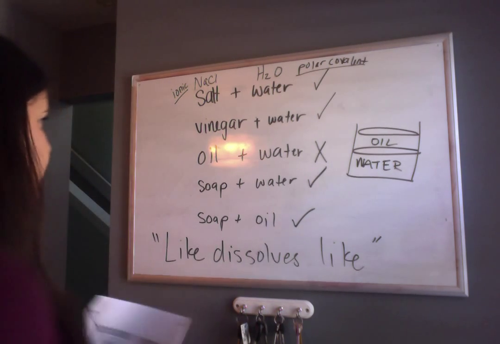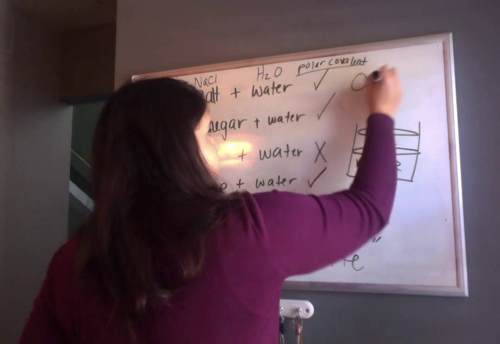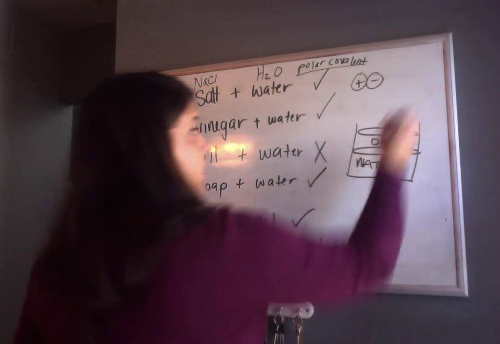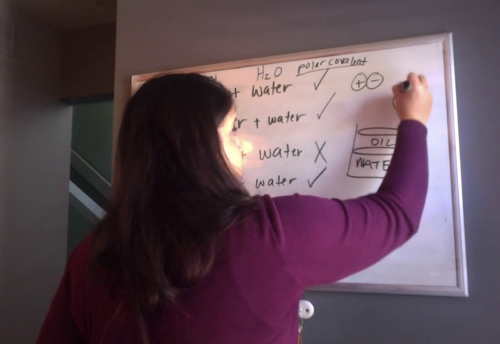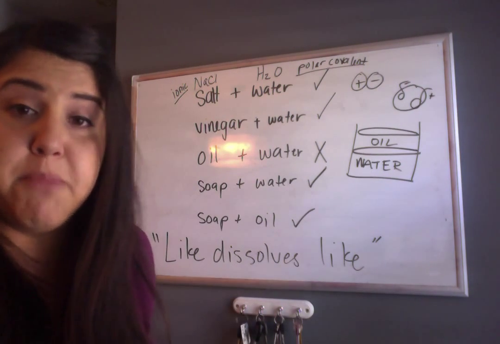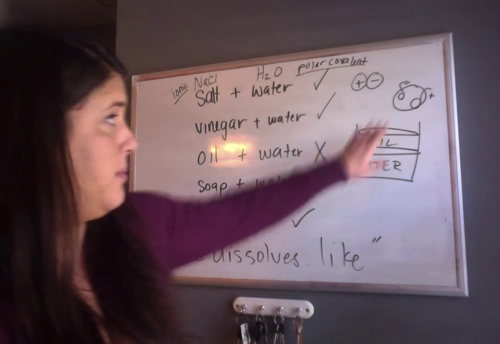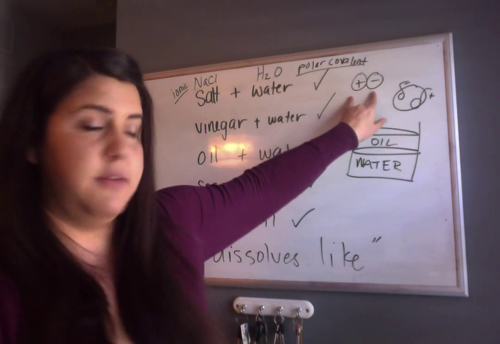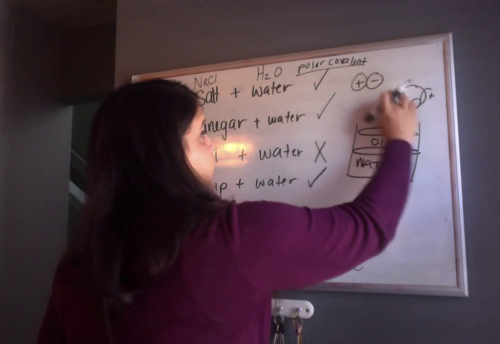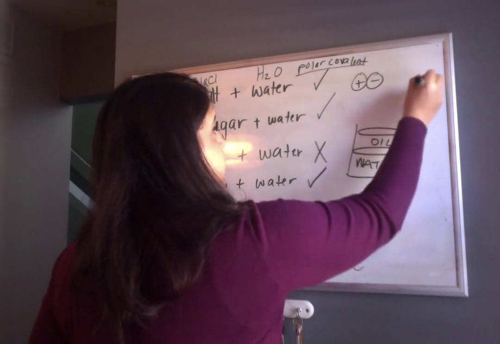If we think about it, that's my representation of salt. Meanwhile, water looks like that. We have partial positives and partial negatives on my water. We have full positive and full negative on my ionic compound. So I'll switch these around so that you can see it.